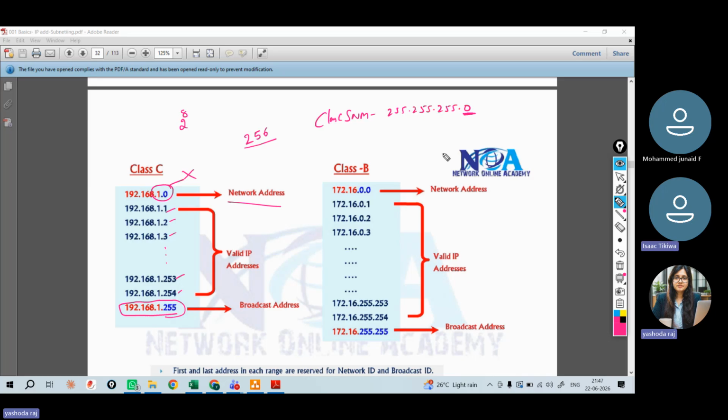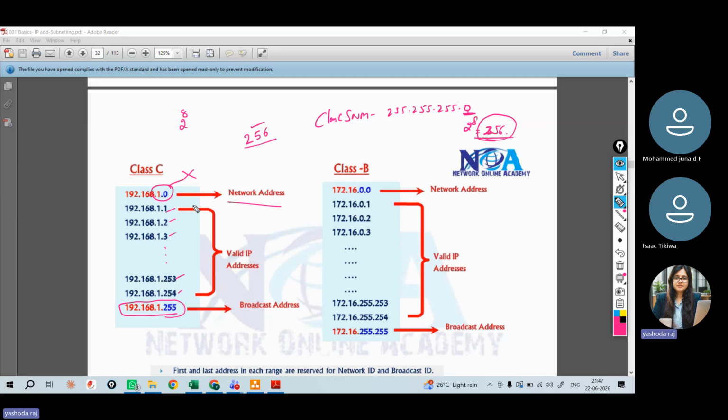How many hosts are available here? 2 power 8, which is equal to 256. How many zeros are there? 8 zeros. If I take the place value, I get 256 host addresses available. That means for 2 power 8, 256 IP addresses. You can calculate from 0 to 255. Will I get 256? Yes.